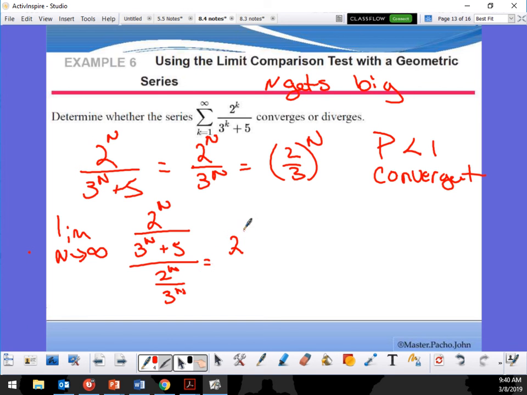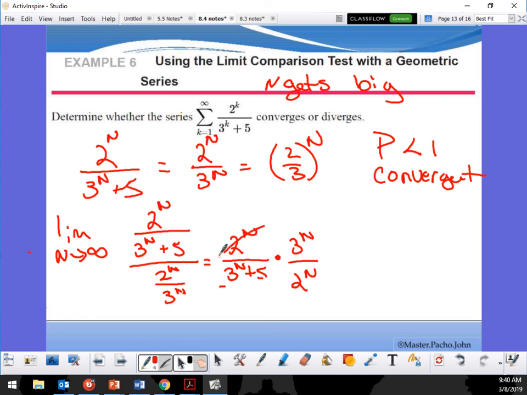So it's going to be 2 to the n over 3 to the n plus 5, multiplied by, sorry, times the reciprocal of the bottom, so that's 3 to the n over 2 to the n.